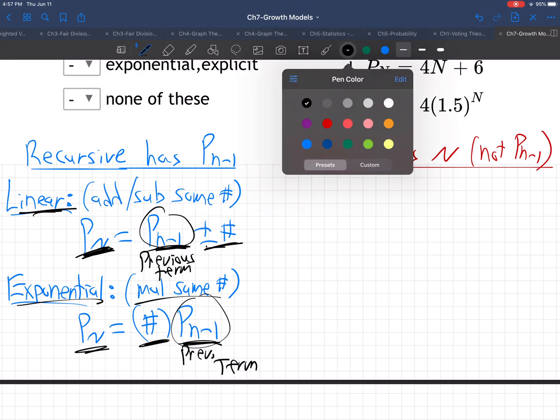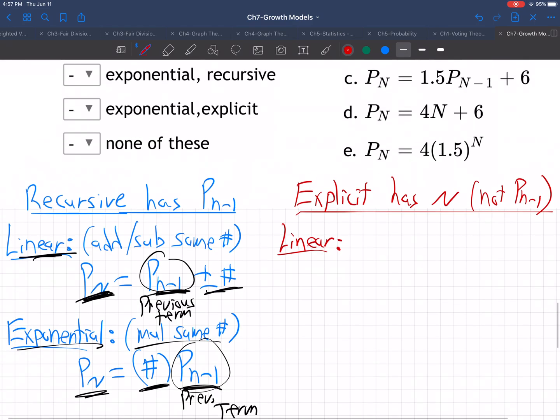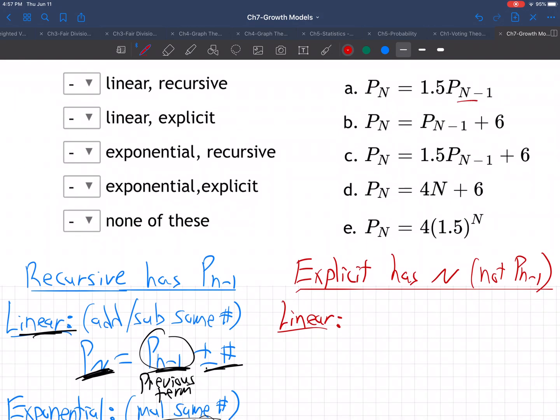Now over here for explicit linear, well, let's hold on and let's go get the two recursive ones. So notice this has p sub n minus 1, right, previous term. That has p sub n minus 1, and that has p sub n minus 1. Those three are all recursive, aren't they?